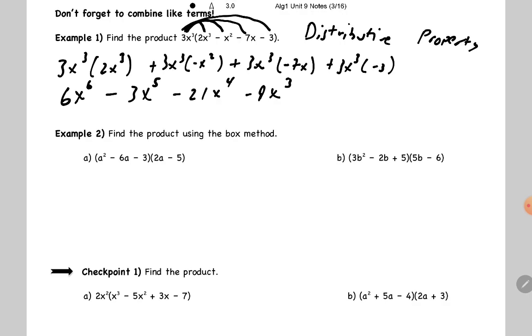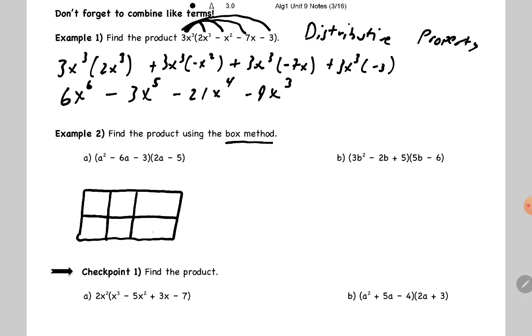So what if we're multiplying something like this, a binomial times a trinomial, or a trinomial times a binomial? This is one way of doing it, and we're going to use the box method. So I'm going to create a box. It's going to be a 3 by 2.